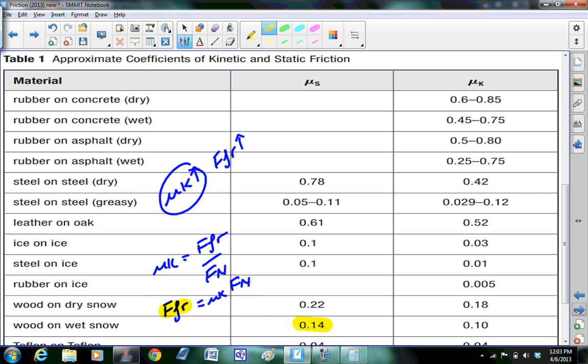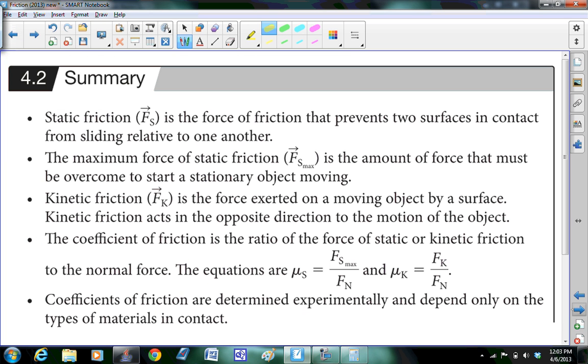Okay, so let's summarize what we've done so far. So far we know that we have static friction. It's a force of friction preventing two surfaces from sliding against each other, so it prevents the motion. Kinetic friction is when you have a force exerted by a moving object on a surface, so the surface is opposing the motion of the object, and it's acting in the opposite direction.